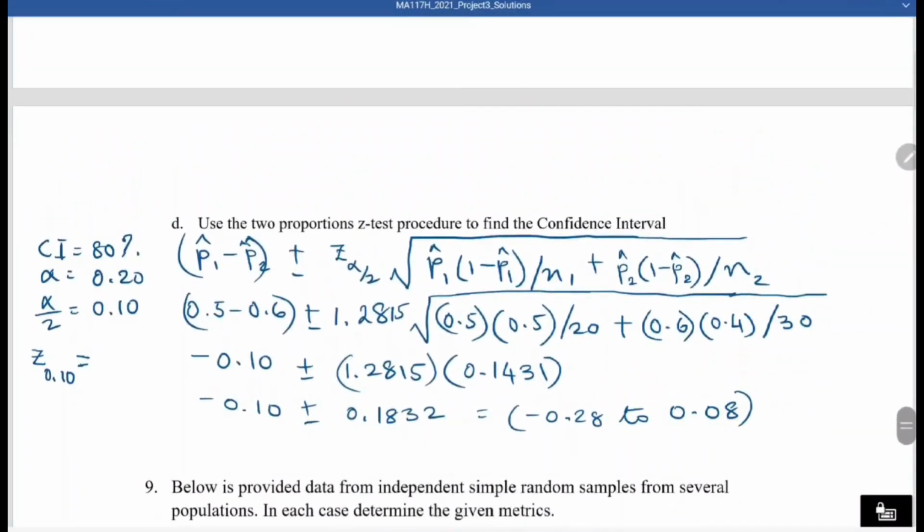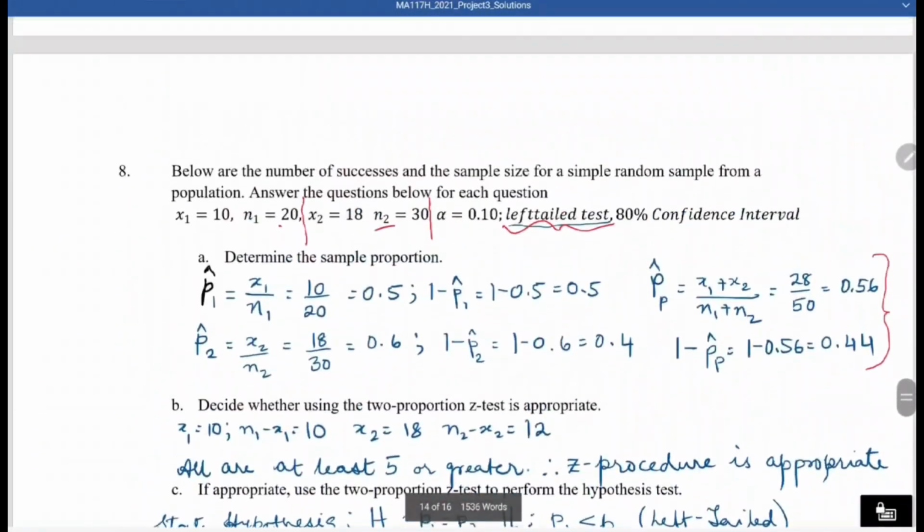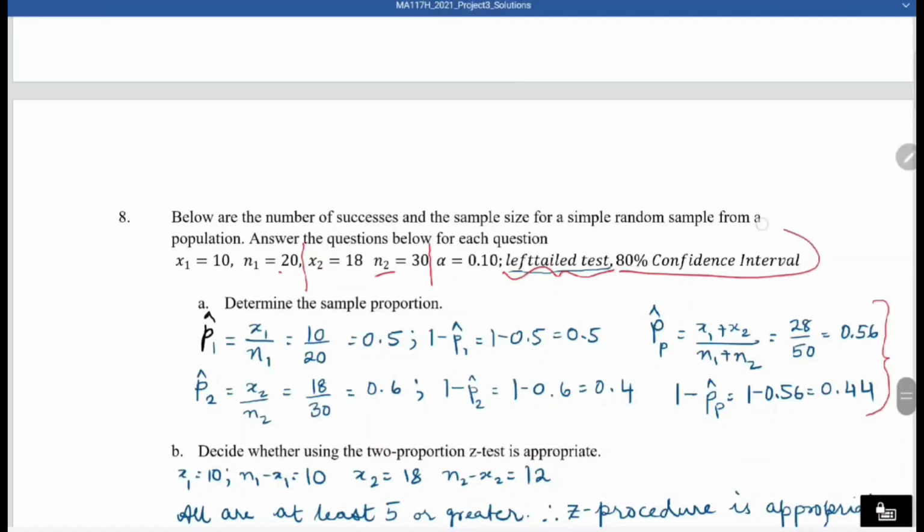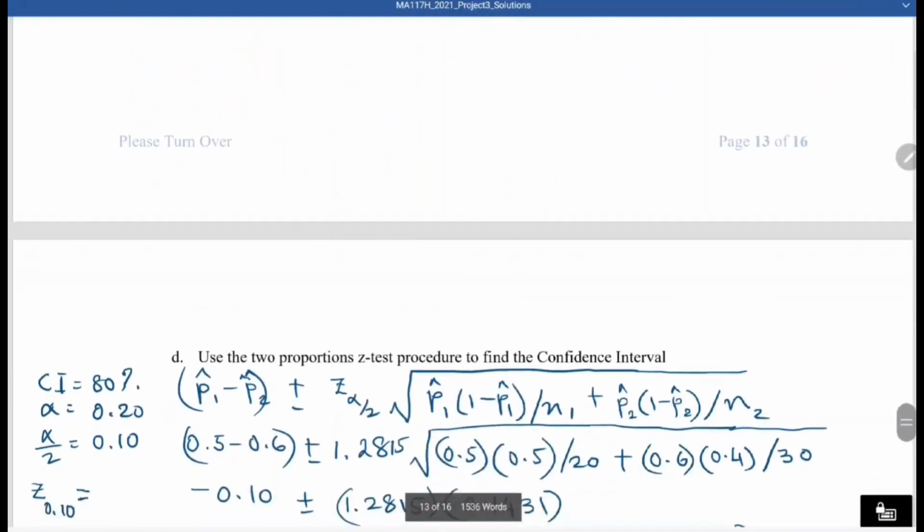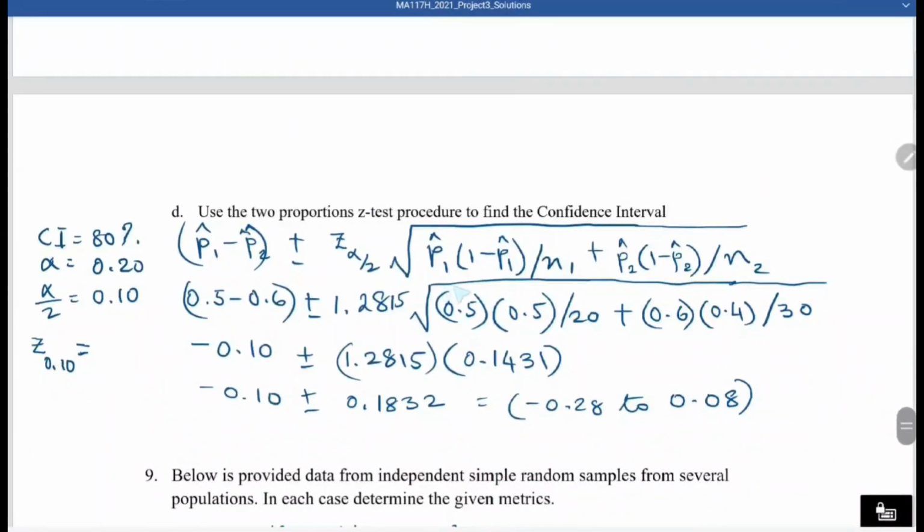We have to find the confidence interval, and it said use the 80% confidence interval. Please check here what interval we are looking for. All right, 80% confidence interval, and again pick the correct formula to find the confidence interval. We are talking about difference here, p hat sub 1 minus p hat sub 2. So we have to subtract the two sample proportions, and then z of alpha by 2.